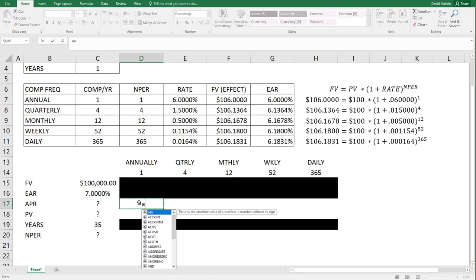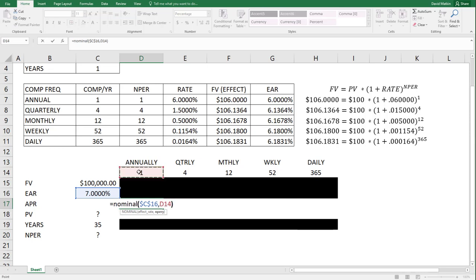So I can say, what is the nominal rate for this 7%? I'll feed in the effective rate, lock that in, given that we're compounding annually. Well, we already know this from above.